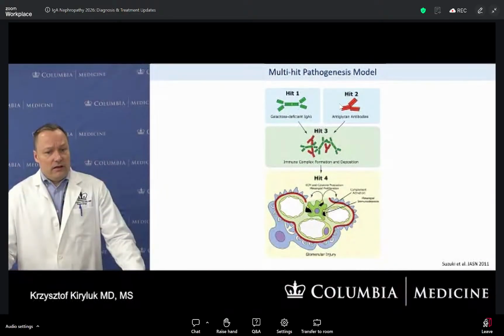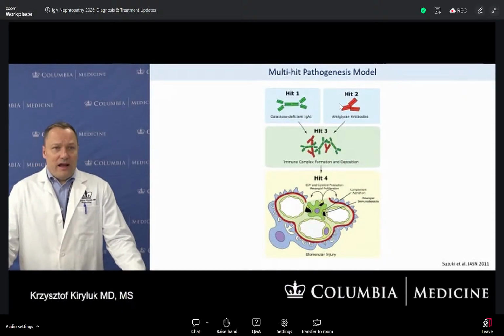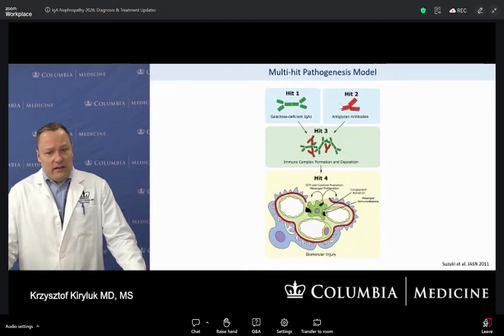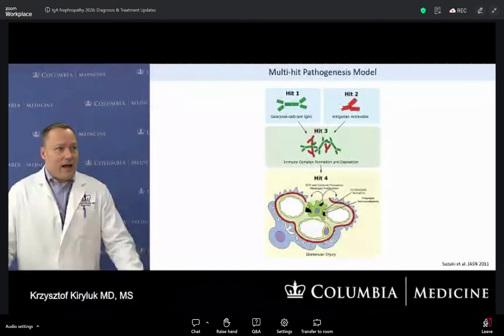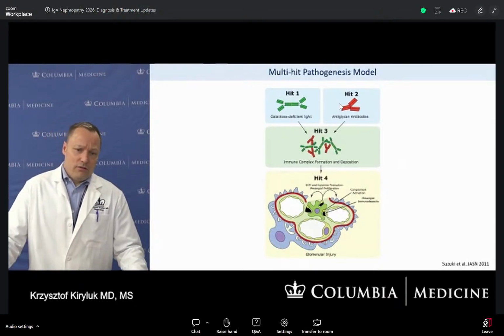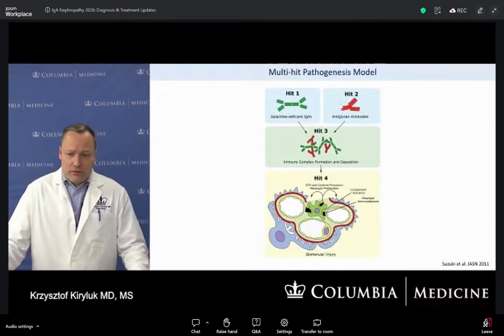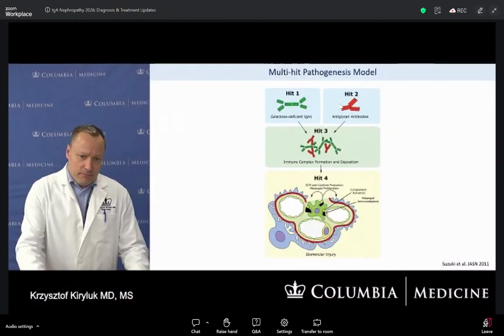They get deposited around the mesangial cells. They stimulate mesangial proliferation and also activate the complement cascade and activate inflammation, which then leads to classic presentation of IgA nephropathy, classic symptoms of glomerular inflammation, proteinuria, hematuria, and progressive decline in renal function.